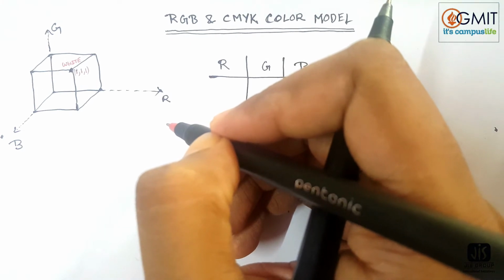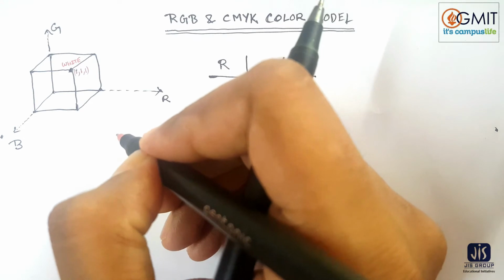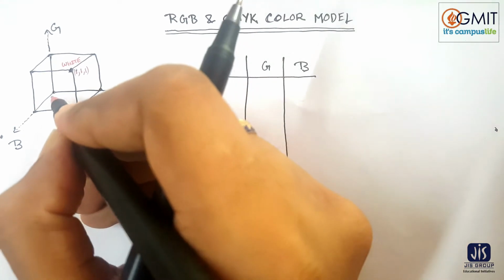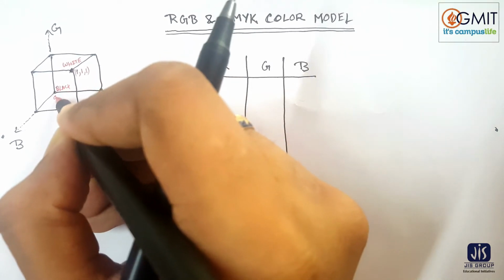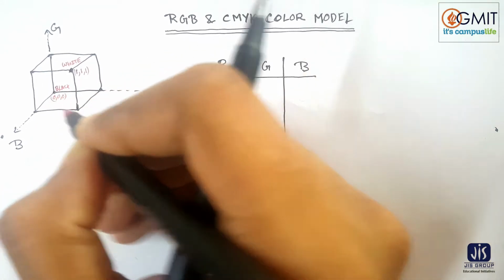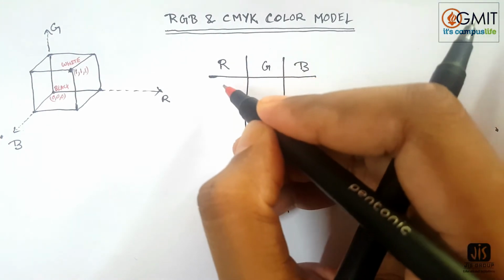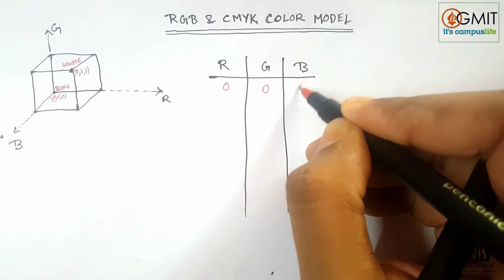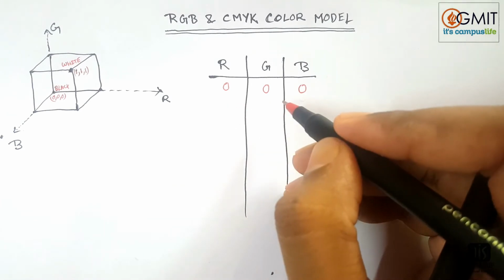And which point is totally invisible? This point is totally invisible, you can't see it from the front side, that is black, and 0, 0, 0. Now, starting from 0, 0, 0, that is black, all the signals are off, 0 means off.